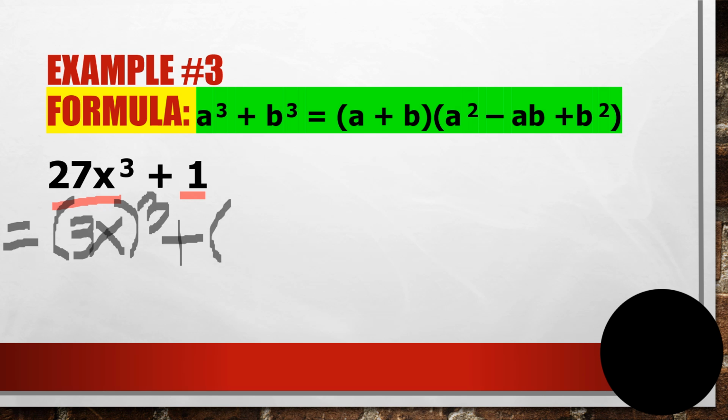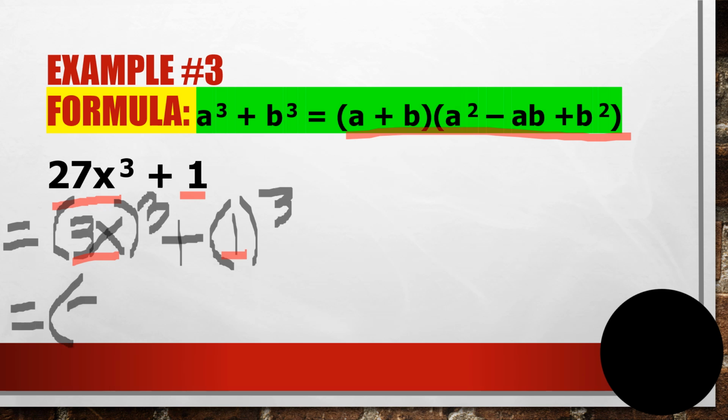Alright, now the cube root of 1, we have 1 raised to the power of 3. Alright, after that we can now apply the rule. This will be our A and our B. Okay, equals A plus B.